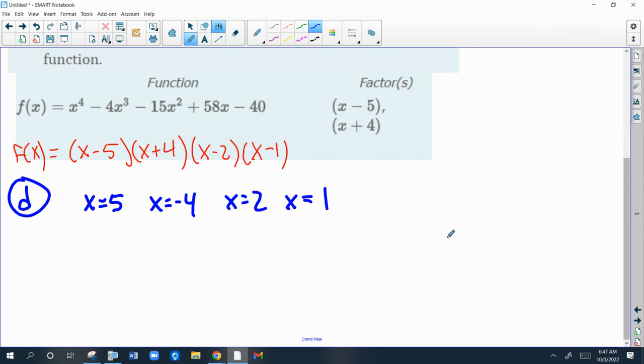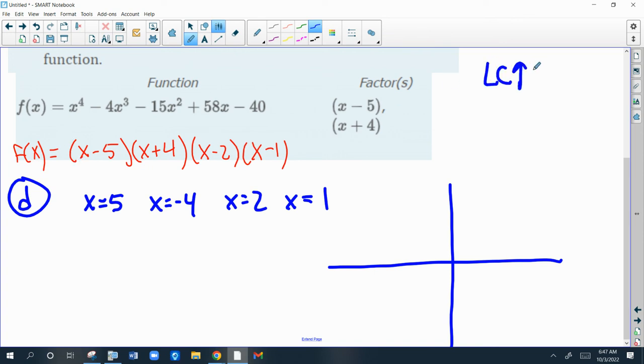So it's an even degree polynomial. The leading coefficient is positive. So the leading coefficient test says it starts up, ends up. We found 4 zeros, and all of them have multiplicities of 1.